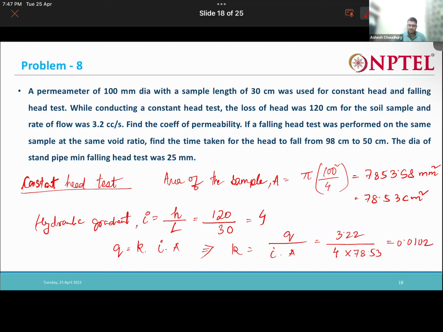What is the unit of coefficient of permeability? Here everything is in cm, so it will be cm per second.